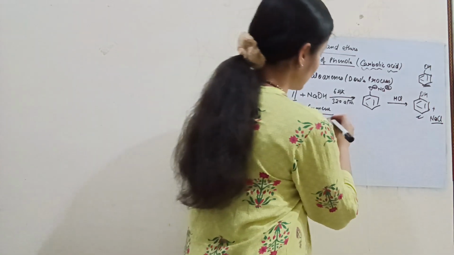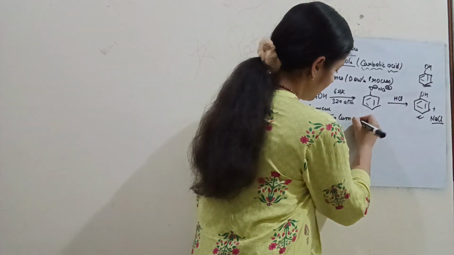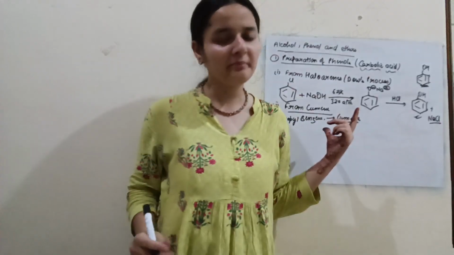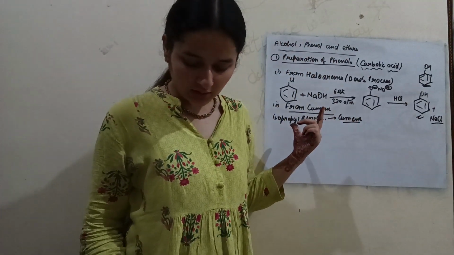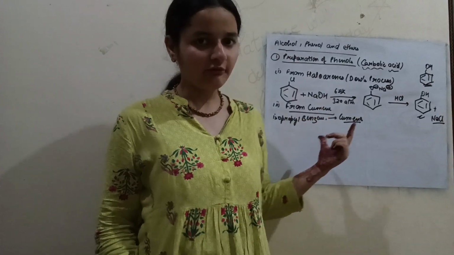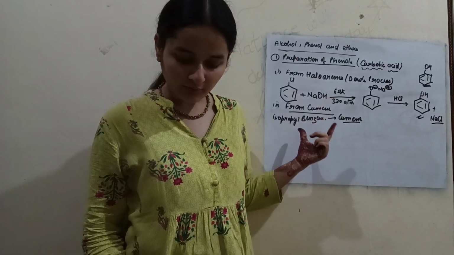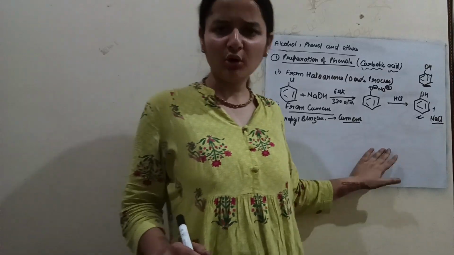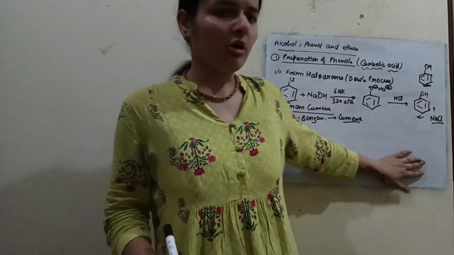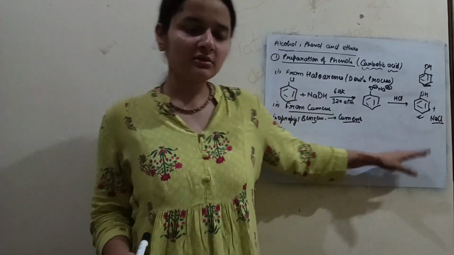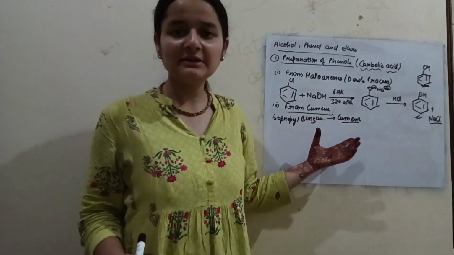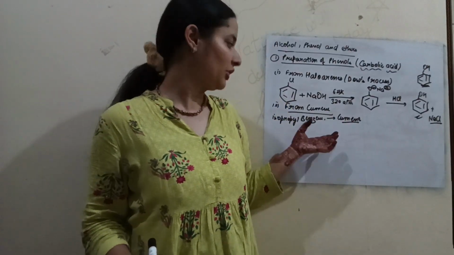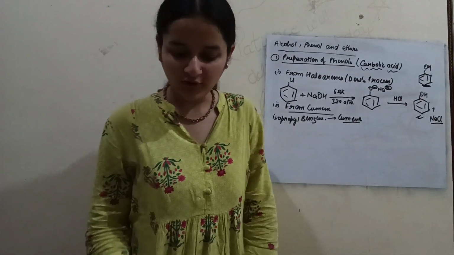This method is the best method for worldwide production of phenol. Because this method is economical, the raw materials are not wasted. This process is industrially very important to prepare phenol.